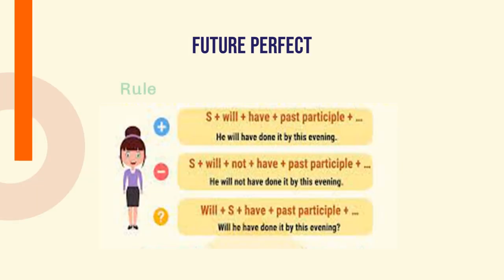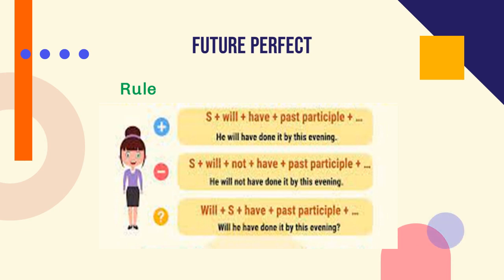See the rule or the grammatical rule of future perfect and how do we say it correctly. So subject plus will plus have plus the past participle of the verb. For example, he will have done it by this evening. In the negative form, subject plus will plus not plus have plus past participle.